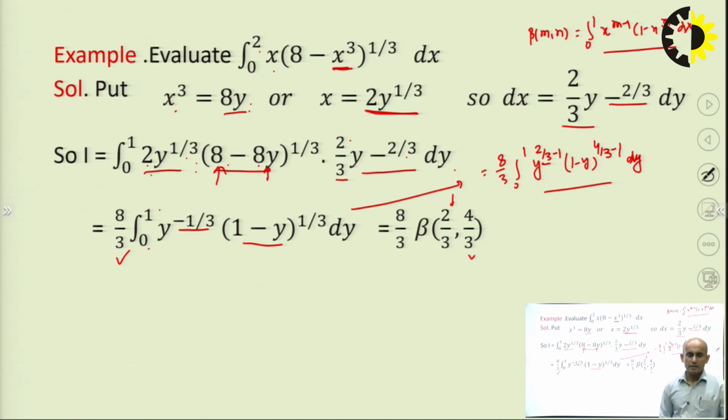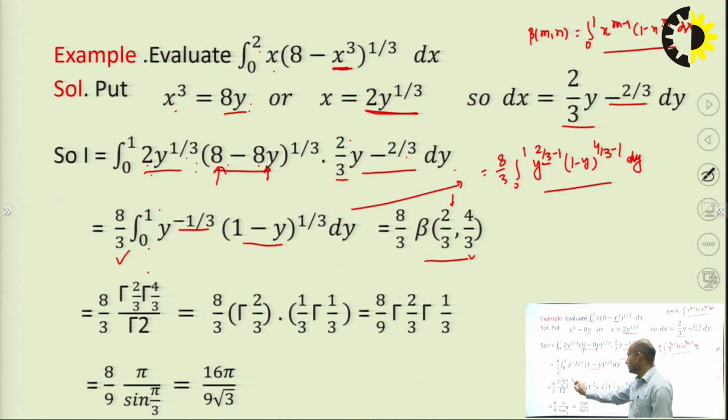Now, we can find this integration also with the help of this beta function. As we know, beta m n is gamma m gamma n upon gamma m plus n. So, we can write this integration equals, this value equals gamma 2 upon 3, gamma 4 upon 3 upon gamma of the sum of both, meaning 2 upon 3 and 4 upon 3. So, after adding these two, we get gamma 2, and gamma 2 is 1 actually.